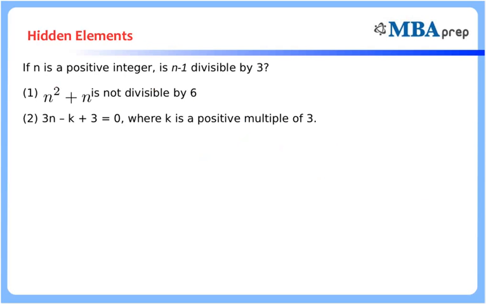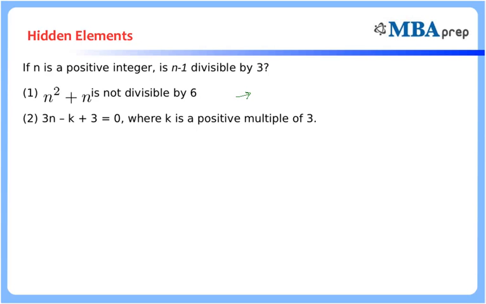Also, you might find hidden elements. What do I want to say by this? Let's take a deep analysis in this question. If n is a positive integer, is n minus 1 divisible by 3? Okay, well, n is a positive integer. That's the information that I need to know. The divisibility: n squared plus n is not divisible by 6.